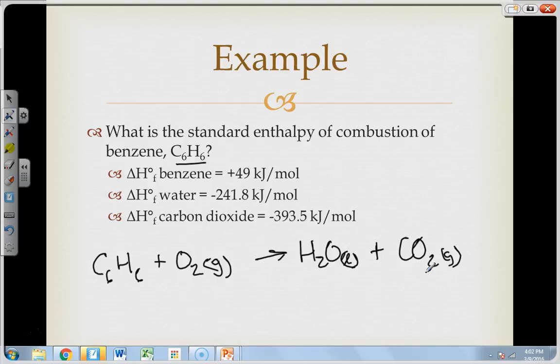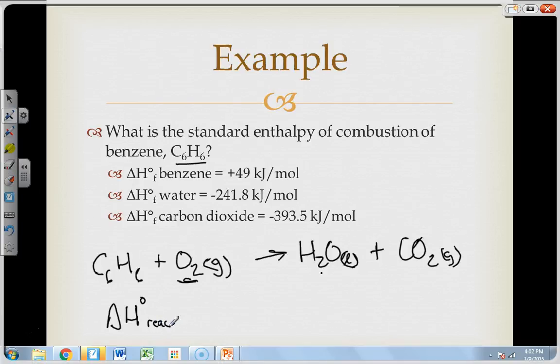A combustion reaction is always whatever plus oxygen gives carbon dioxide and water. It's always what it is. And it says, what is the standard enthalpy of combustion? So the delta H of the reaction, and we can specifically put the type of reaction it is. This is a combustion reaction.